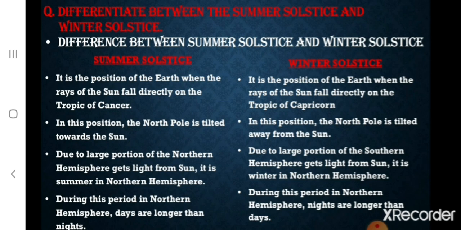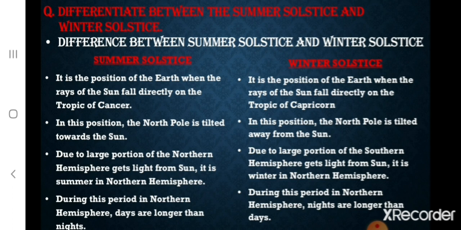First point, it is the position of the earth when the rays of the sun fall directly on the Tropic of Capricorn. Summer solstice. Second point, in this position, the North Pole is tilted towards the sun. Winter solstice. Second point, in this position, the North Pole is tilted away from the sun.